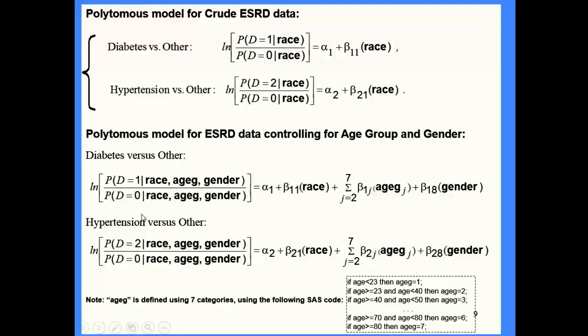Now, if you were going to fit this model using a program, whatever it is, for this model, what's the formula for the effect of race on the outcome? In this case, it's diabetes versus other. What's the formula for the odds ratio for the effect of race for this component? It's e to the beta 1 1, just like it was here. Is the e to the beta 1 for this model going to be the same as the e to the beta 1 for this model?